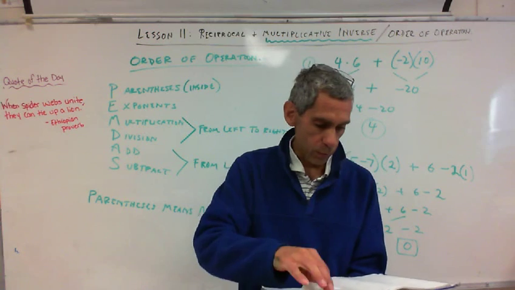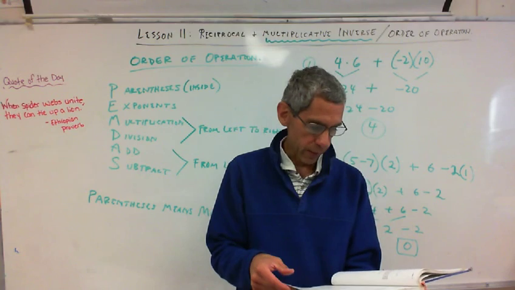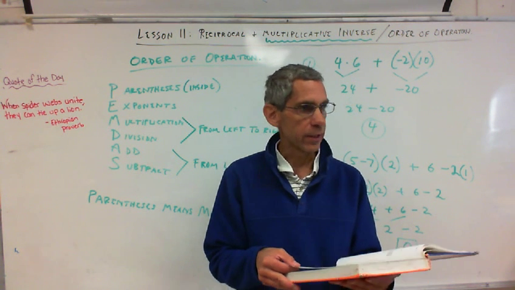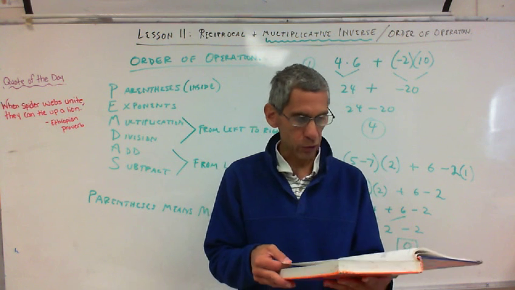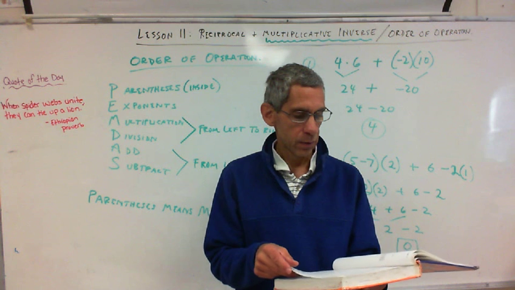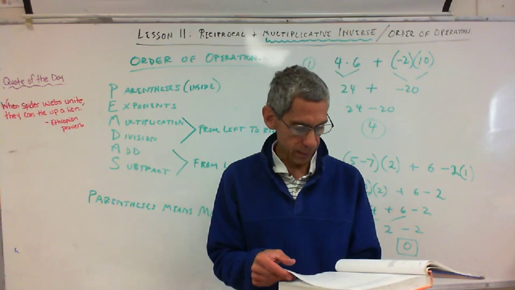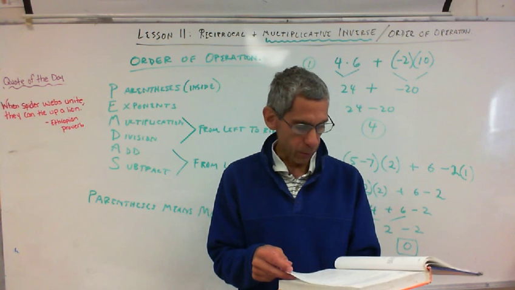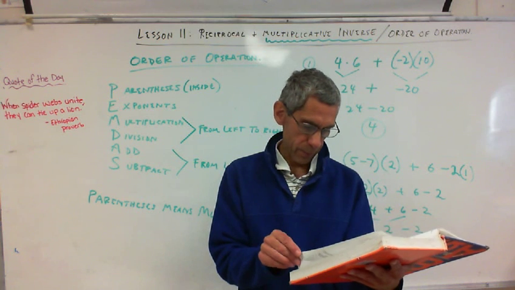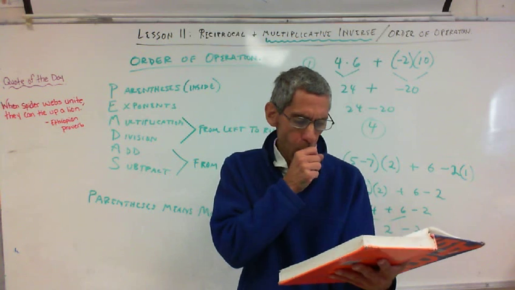Okay. So lesson 11 on page 53. You're going to do practice A through D. Make sure you all do practice A through D. Those are practicing specifically this lesson 11. Lesson 11, page 53. Practice A through D. And then problem set.